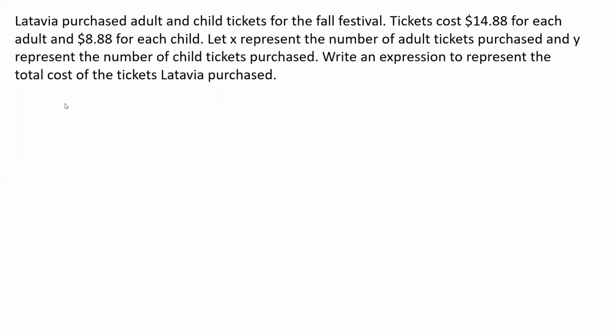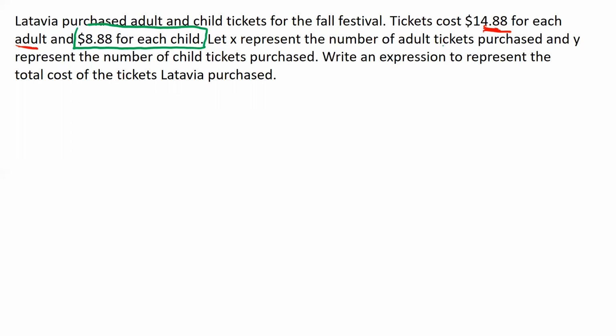All right, and then you'll have a word problem close or similar to this one. It says Latvia purchased adult and child tickets for the Fall Festival. Tickets cost $14.88 for adults. So I know that price goes with adults, and then children are a different price. So I'm going to use a different color to show that it's $8.88 for each child.